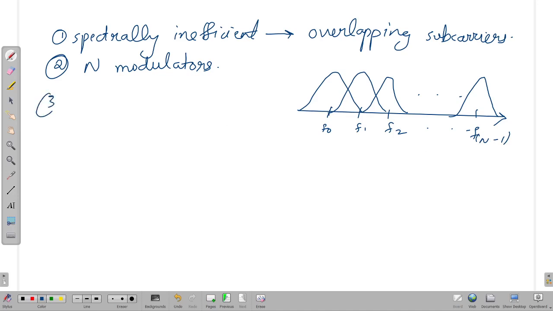And the third requirement was the need for precision low pass filters. We'll see how we will overcome the other disadvantages also, and we'll also see that this thought process leads to the idea of OFDM, orthogonal frequency division multiplexing.